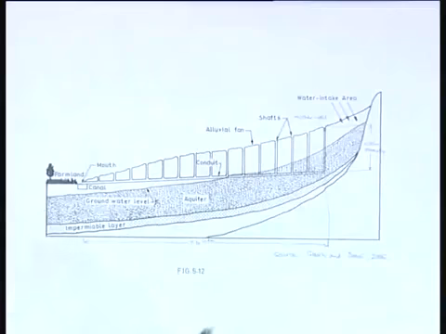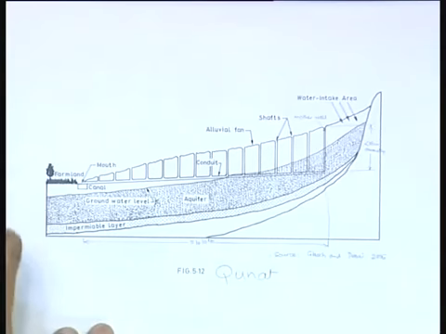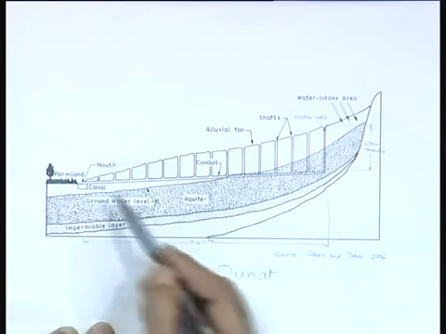In this regard, I would like to mention the qanats, which are horizontal wells which were initially developed in say Iran. So, this is a typical qanat, and as you can see here, this is a horizontal well.